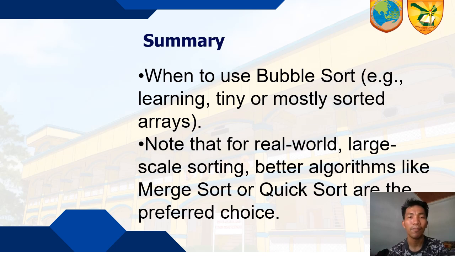And we have to take note that for real-world, large-scale sorting, better algorithms like merge sort and quicksort are the most preferred choice. So again, as I've said in the previous slide, we'll have to tackle merge sort and quicksort, and I hope that you would be able to really compare them with bubble sort.